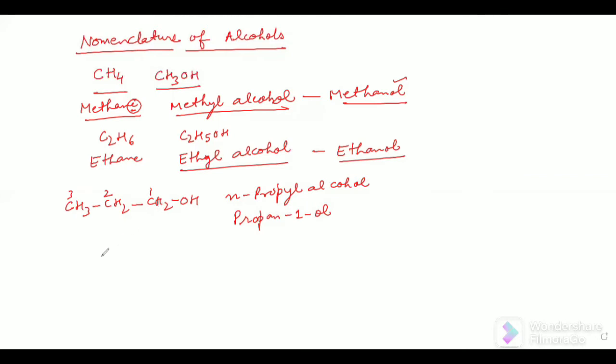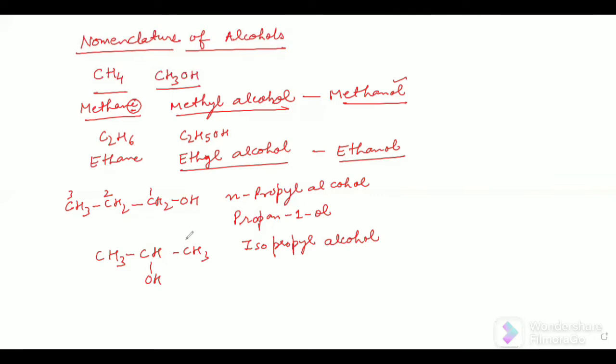Now the next example is here. Again 3 carbons, so it is obtained from propane, but its common name will be isopropyl alcohol. Now why iso? Because the alcohol group is on this branch, in the form of a branch.